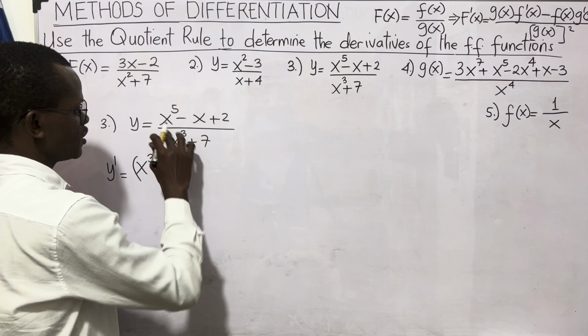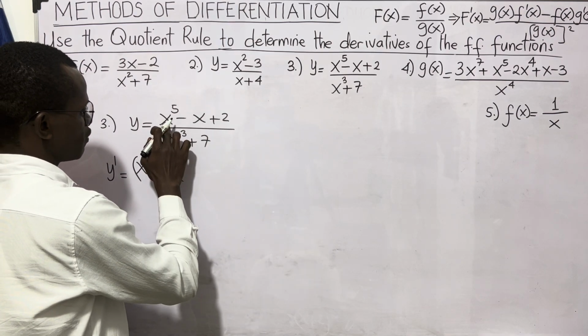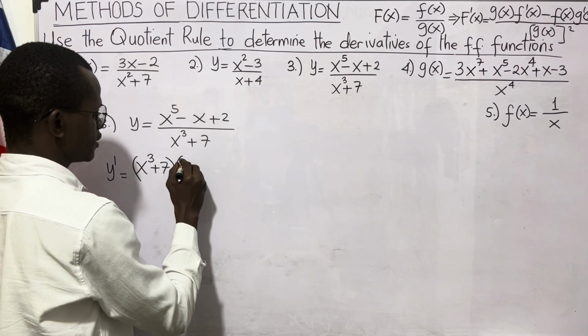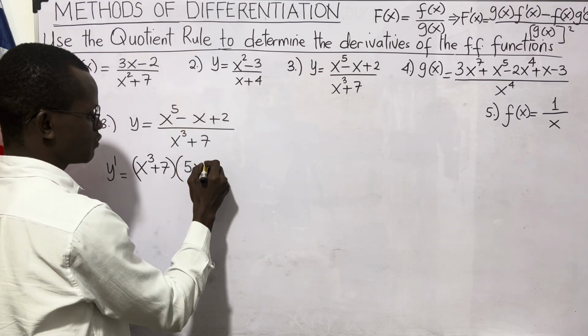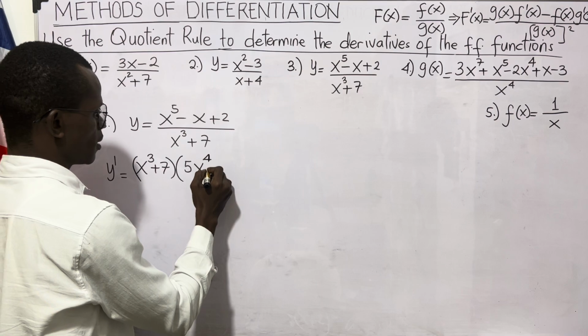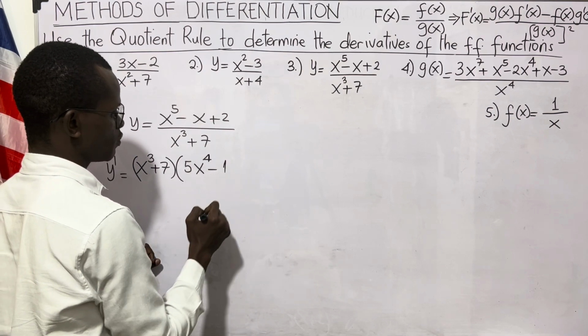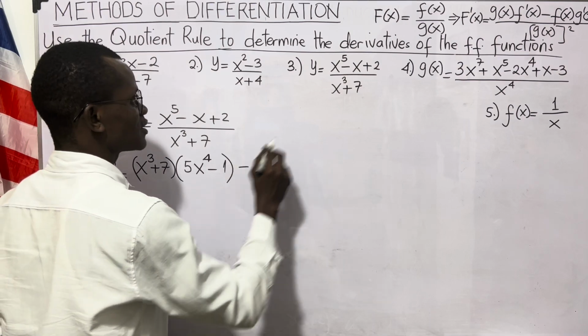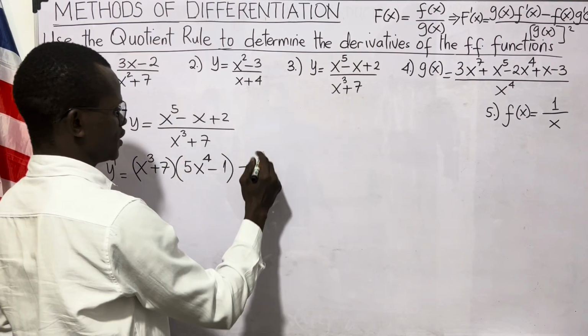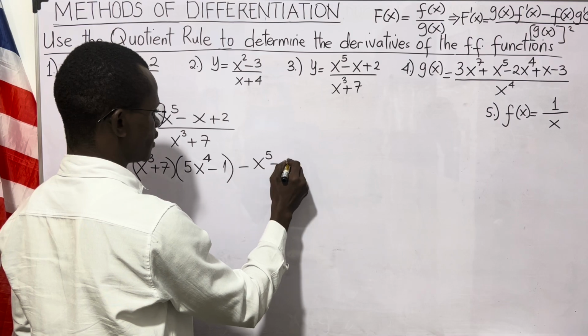And then we differentiate the numerator. So the derivative of x to the 5th power is 5x to the 4th, we bring the 5 down and subtract 1, minus the derivative of x, which is just 1, right? And the derivative of 2 is 0. Minus, we hold the numerator now, x to the 5th power minus x plus 2.